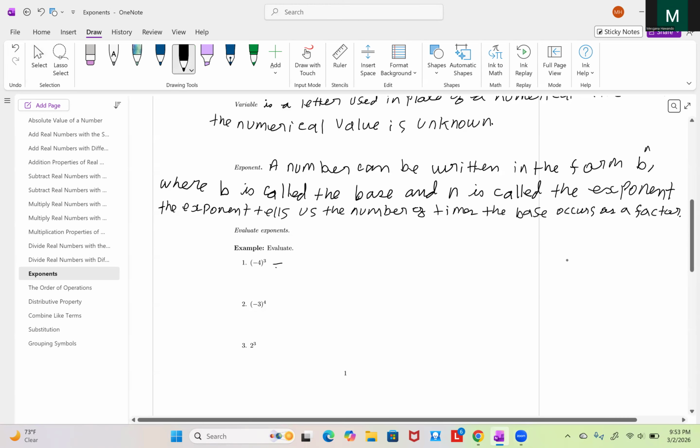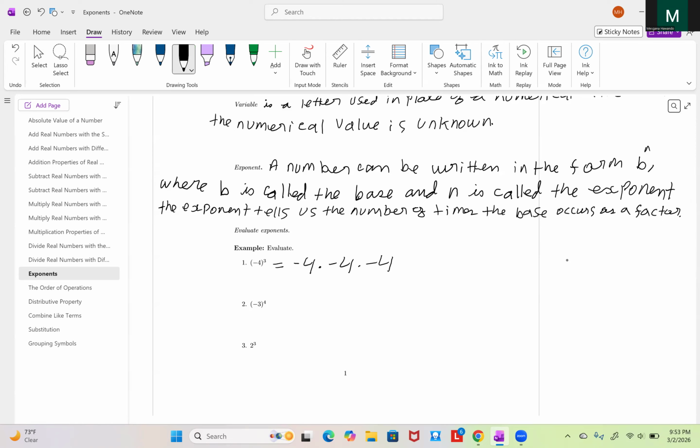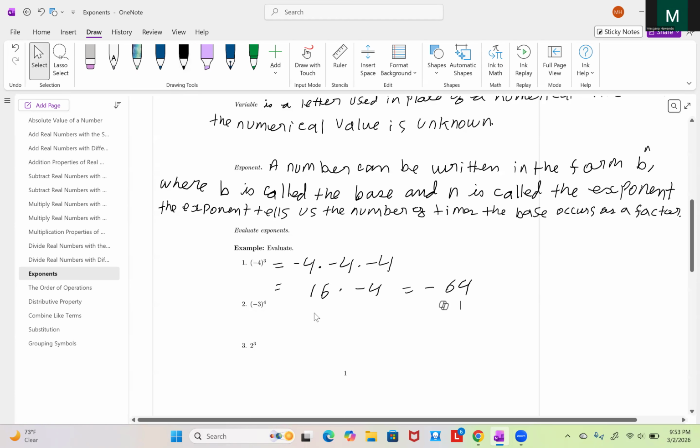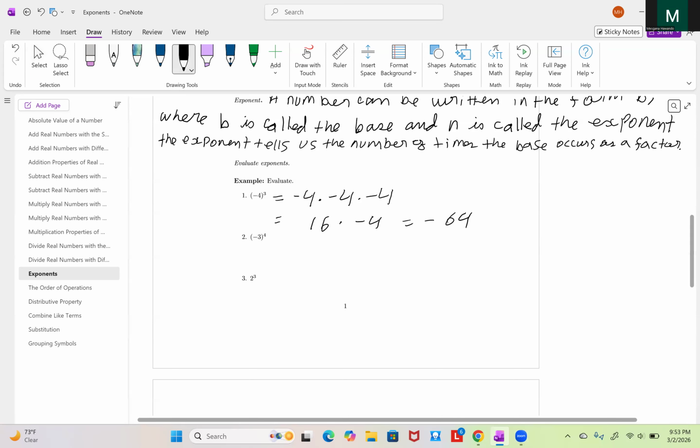So we rewrite it as -4 times -4 times -4, and we multiply. -4 times -4 is +16, times -4. 16 times -4 is -64. So -64 is the answer.